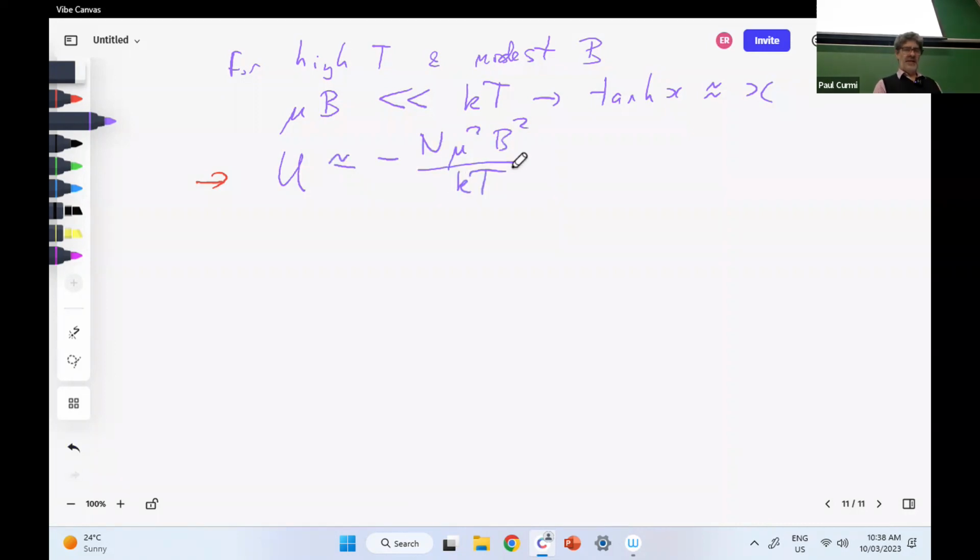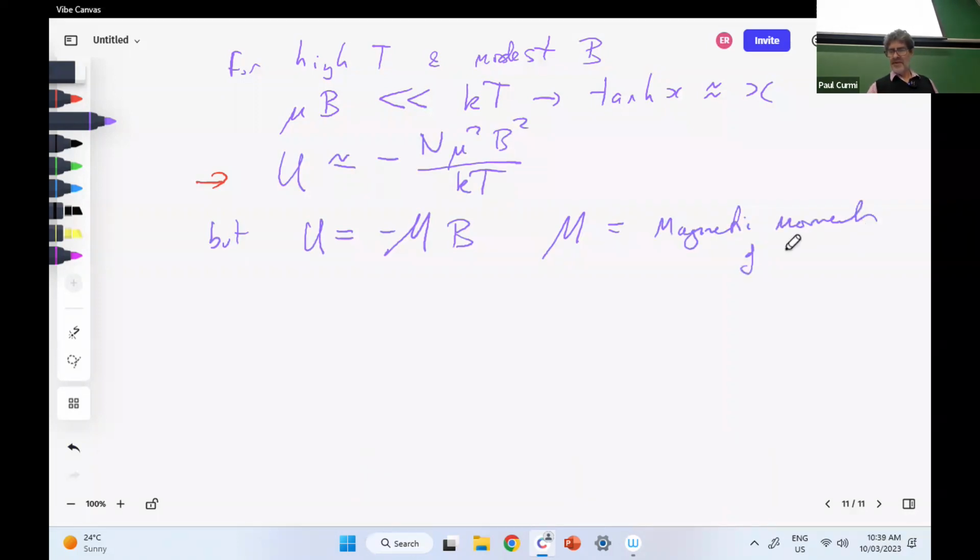But we know that the energy is equal to minus the magnetization of the material times B, where this is the magnetic moment of my system.